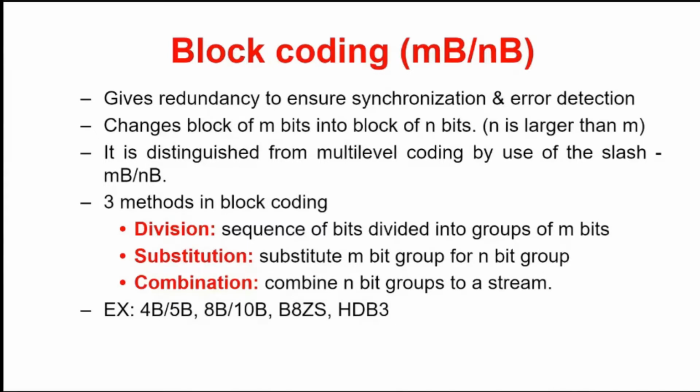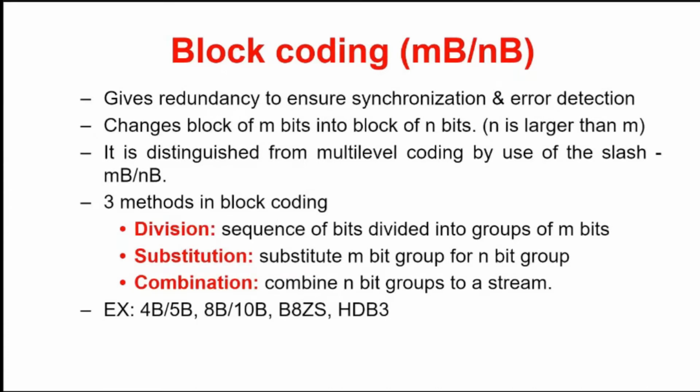Combination is nothing but combining the N bit groups into the string. For example, the original bits are 101 and I add some other bits, 100, so the final bits come out as 01101, whatever it is. It is a mix of the original data as well as the encoding bits. That is called the combination.